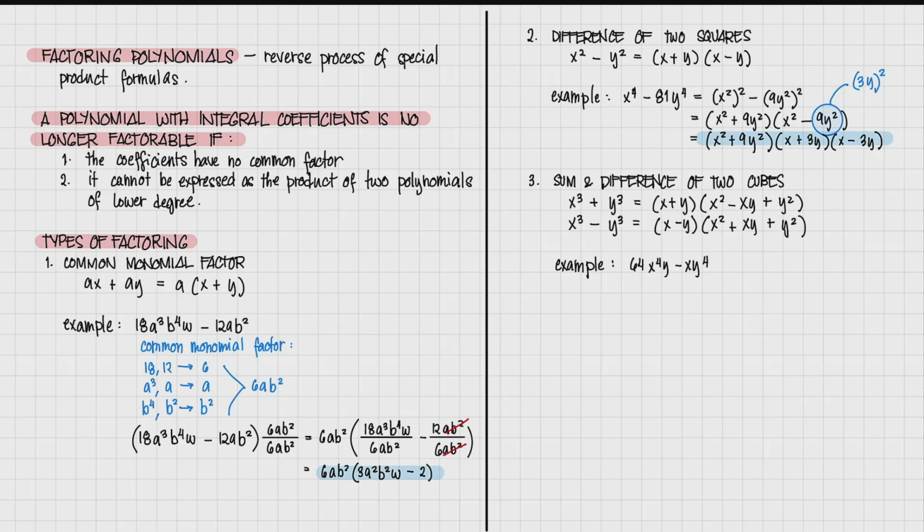So, to solve this, the first step in this one is that we need to examine if there are any common monomial factors. So, in our case, what are the common monomial factors here? So, we have x and y. Let's bring that out. So, you have 64 x cubed minus y raised to 3.